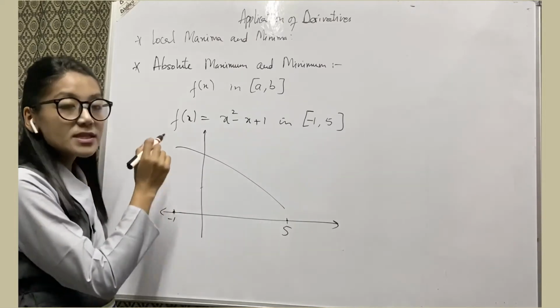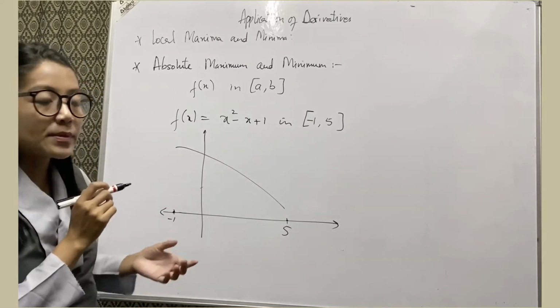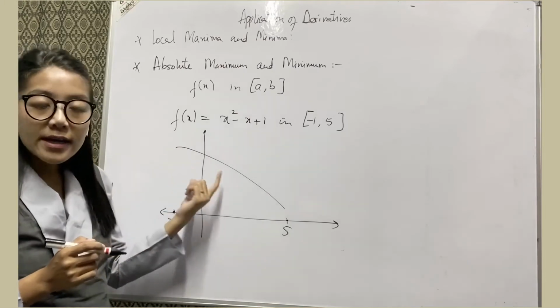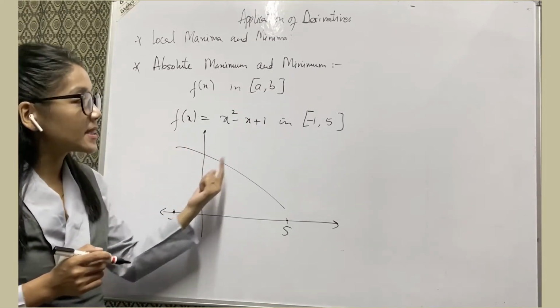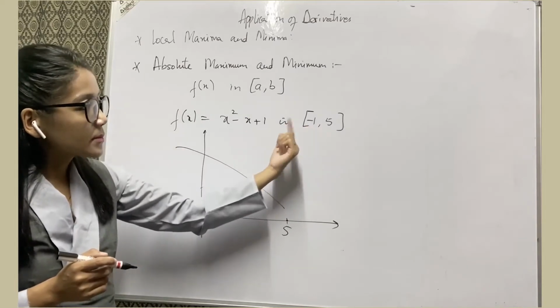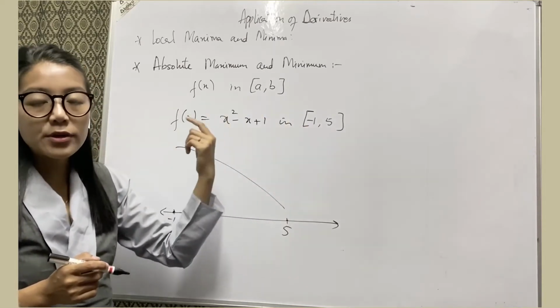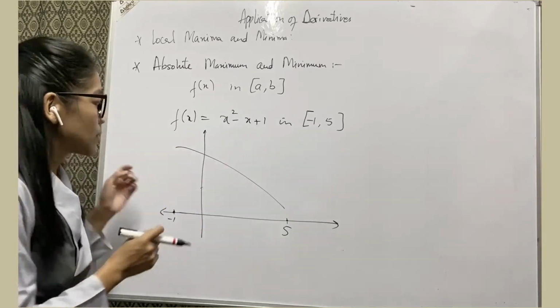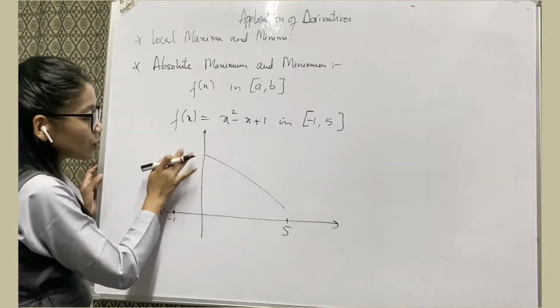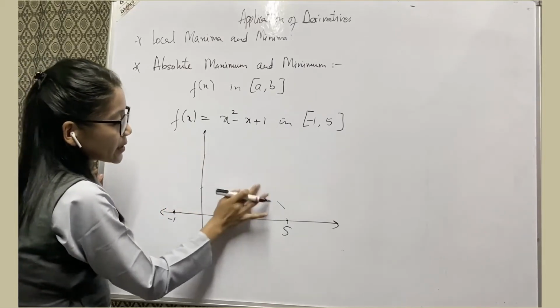Again, when the function is decreasing, then the maximum and minimum value of the function lie at the 2 extreme points. But what happens when the function is neither increasing nor decreasing? That is also one possibility, that can also happen.